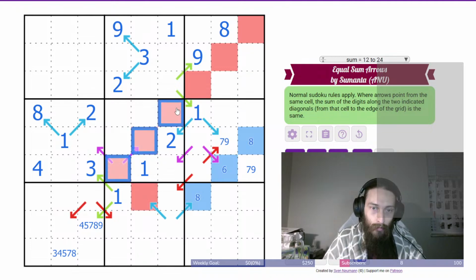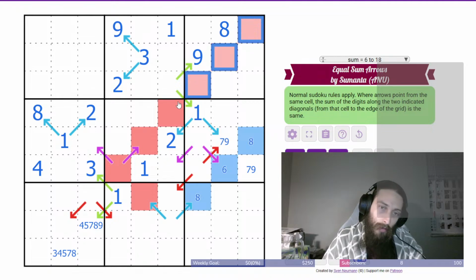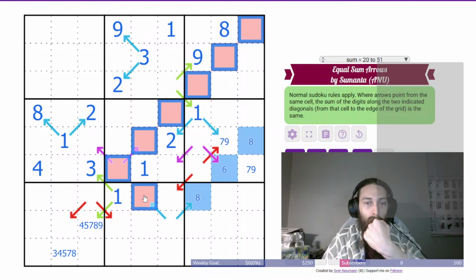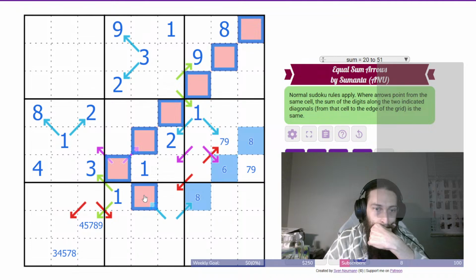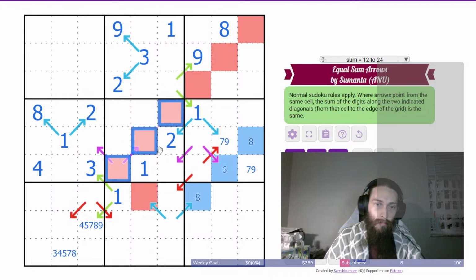And, well, minimum, well, that would be 6, but this would be 3, 4, 5, which is 12, so that's 18, 19, 20, if we look at the minimums.